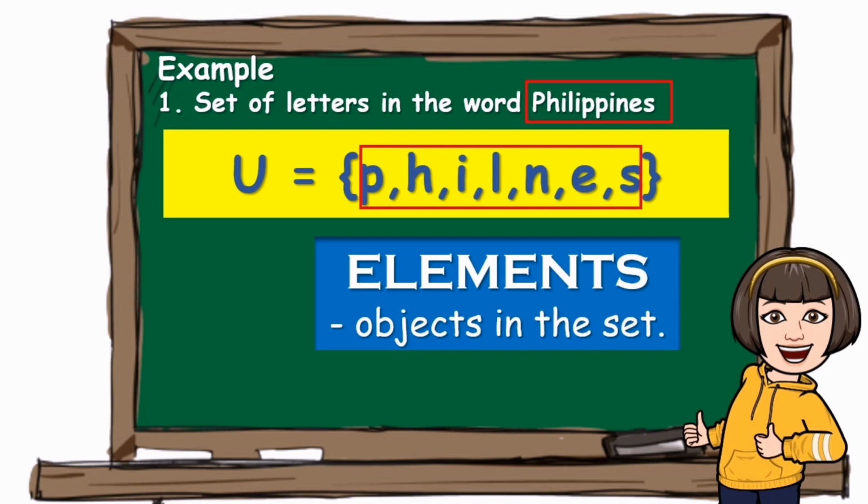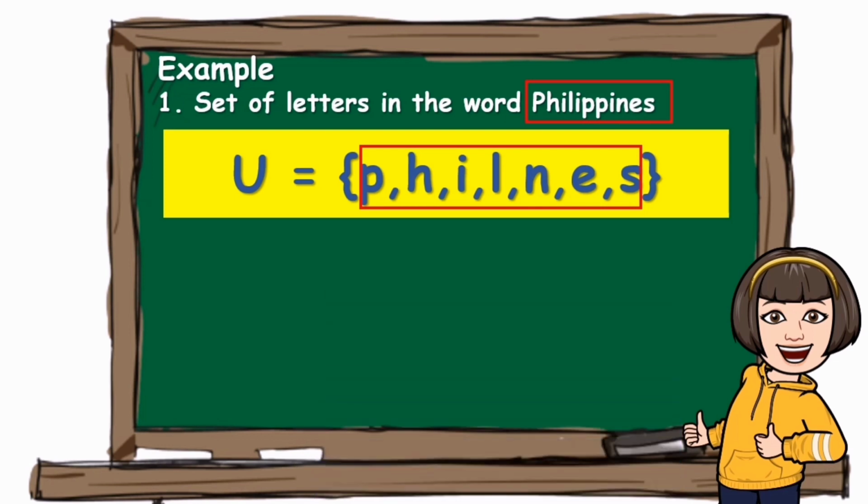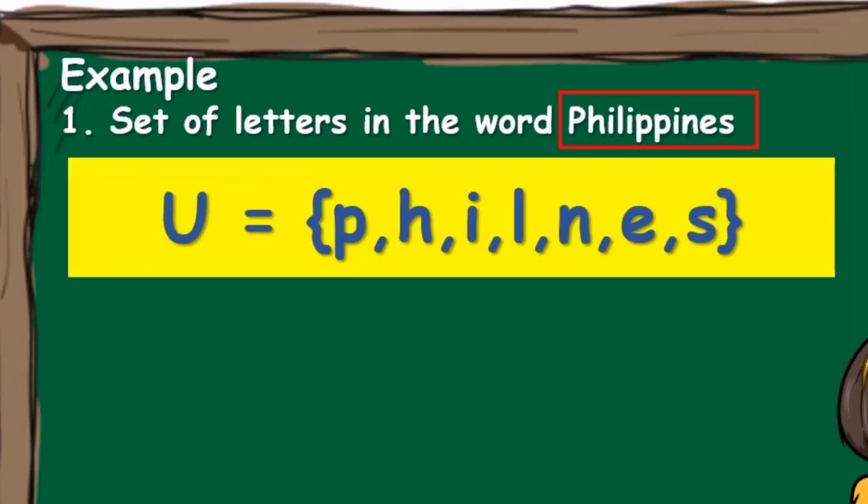In this example, there are 7 elements. Set notation uses curly braces to enclose the elements and uses comma to separate the elements. Although the letters in the word Philippines are 11, we just listed 7 letters because the same element cannot be included in the set more than once.